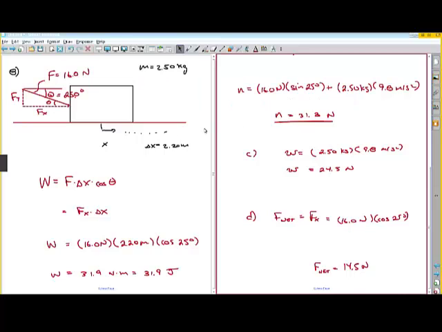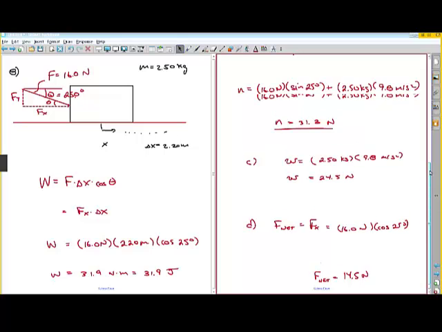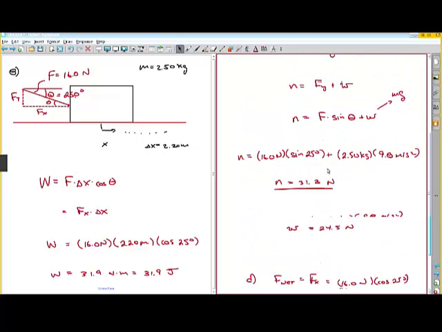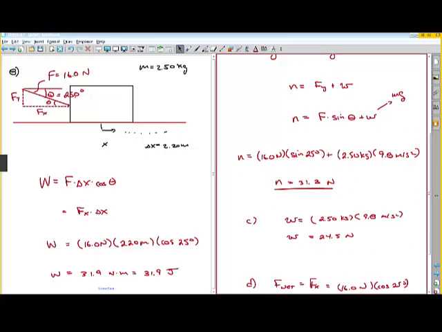Okay, so I made a mistake in that I read the problem wrong. Nothing I've said is wrong, but I just didn't answer the question. So the first part was, what is the work due to the applied force, which is 31.9. The second part of the problem asks, what is the work done due to the normal force? Well, the normal force is perpendicular to the movement, so the work done due to the normal force is 0.